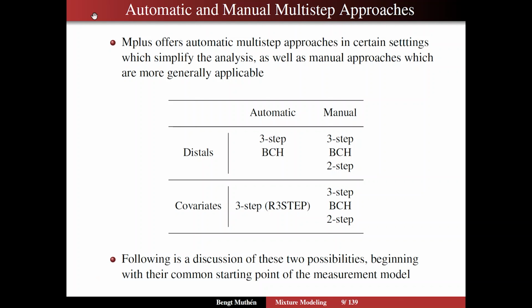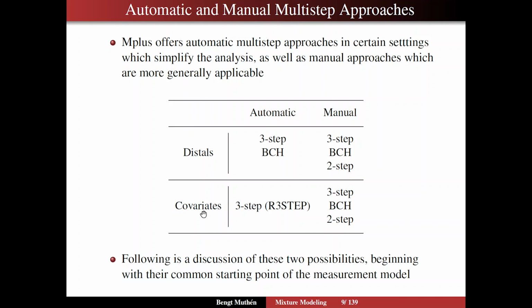In Mplus, we have both automatic and manual multi-step approaches. The automatic multi-step approaches are only available for certain settings, which simplify the analysis. But in general, you typically need manual approaches that have much more general scope. So you have the automatic column and the manual column, for distal outcomes versus covariates. For distal outcomes, we have the 3-step and BCH methods, whereas the manual approach can add 2-step.